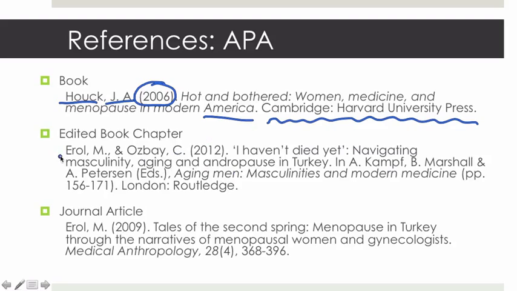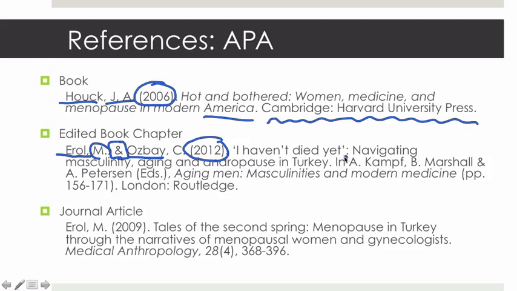For the edited book chapter, it is more or less the same. For this example, we have two authors. You give the surnames and the initials, and there's an ampersand in the middle when you have two people co-writing. And then you have the date again, and the title of the chapter, not italicized.